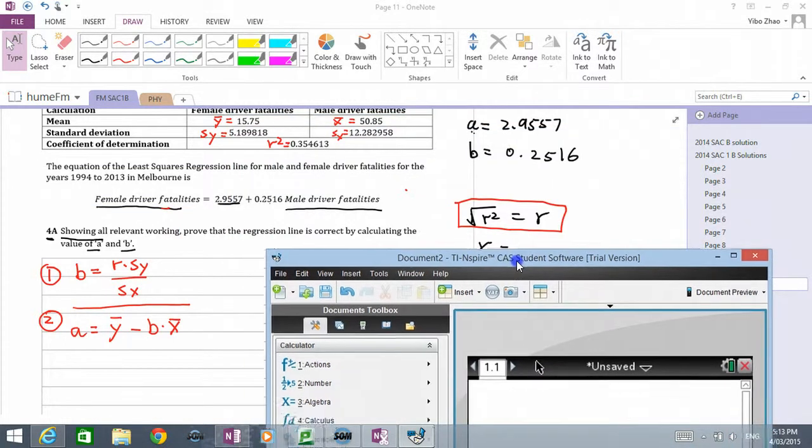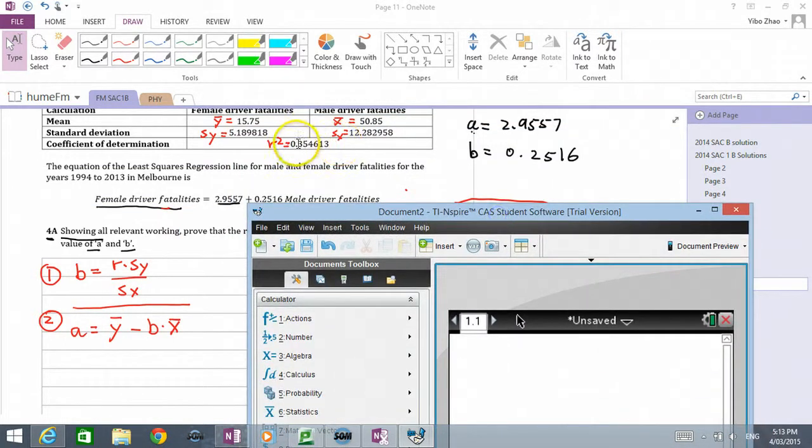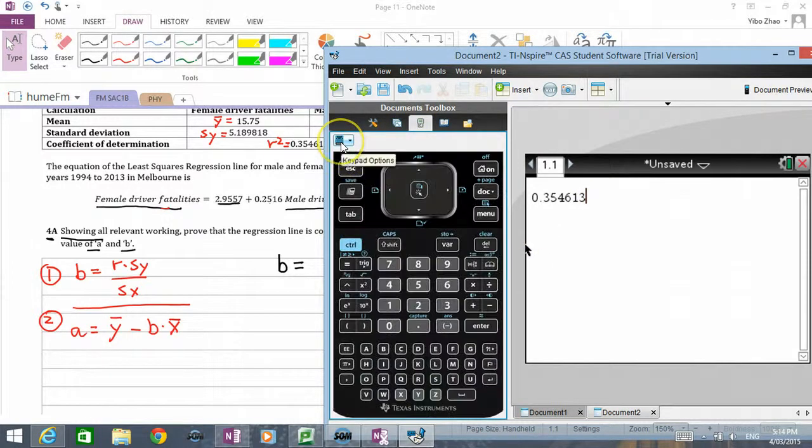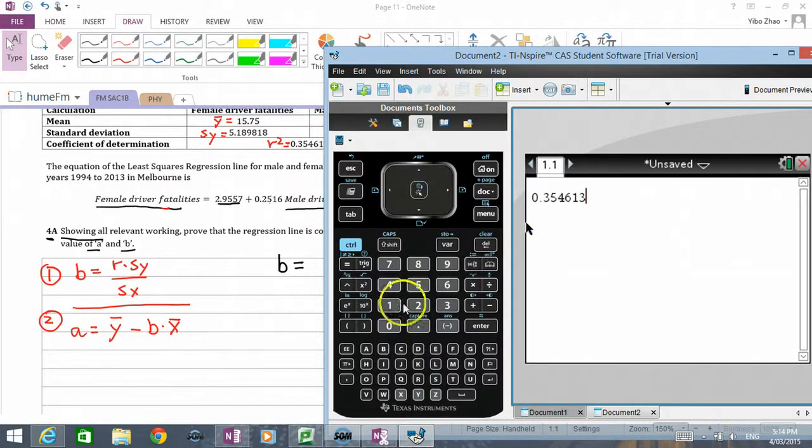My r square value is 0.354613. I try to find the square root of this. I use control square root.